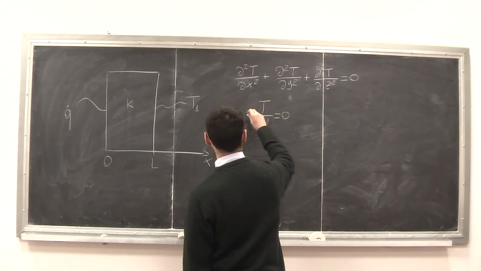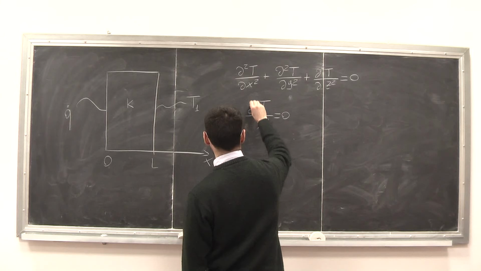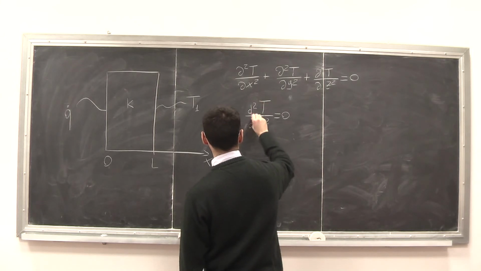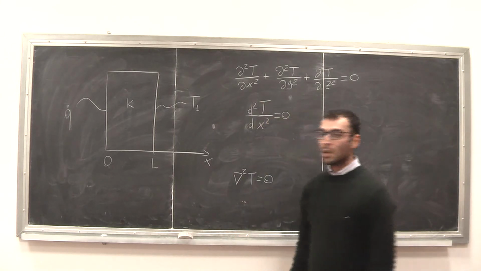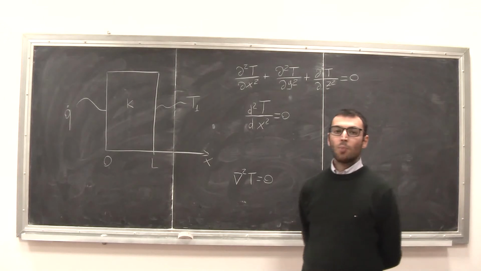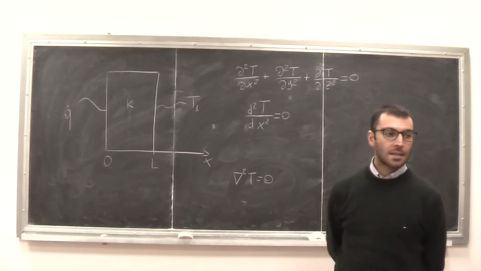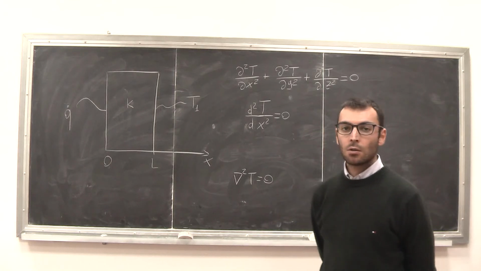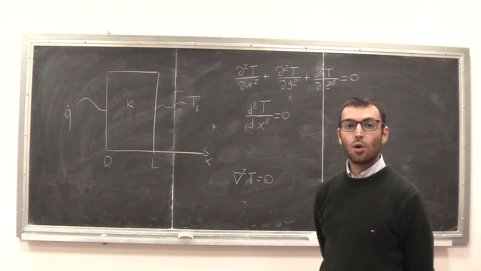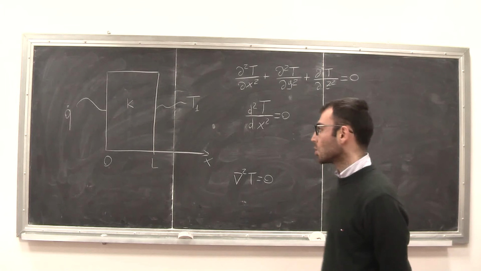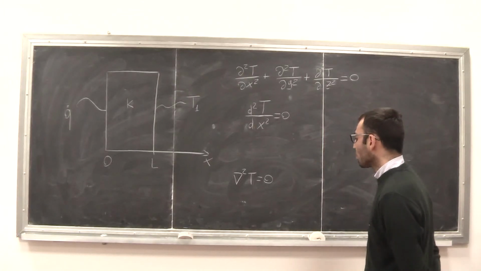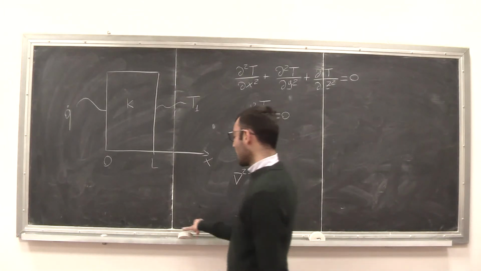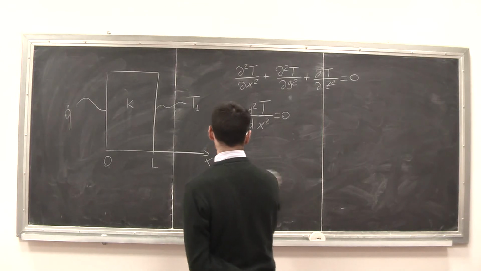So the problem is much simpler with respect to the starting one, because now we moved from a second order partial derivative equation to a second order ordinary differential equation.